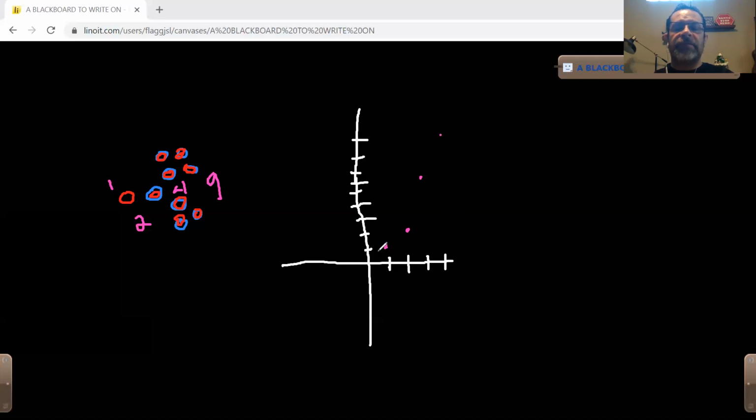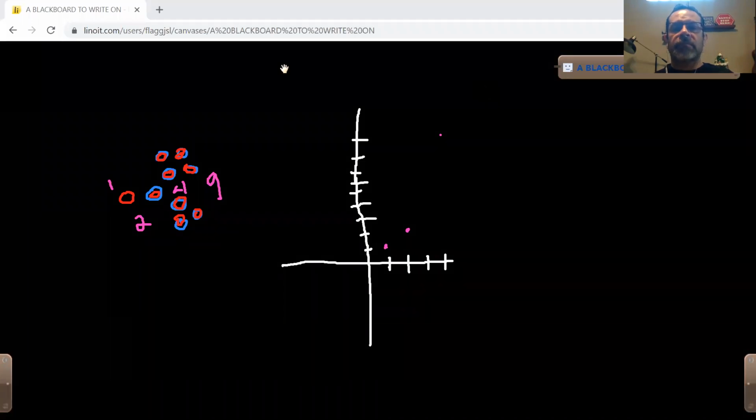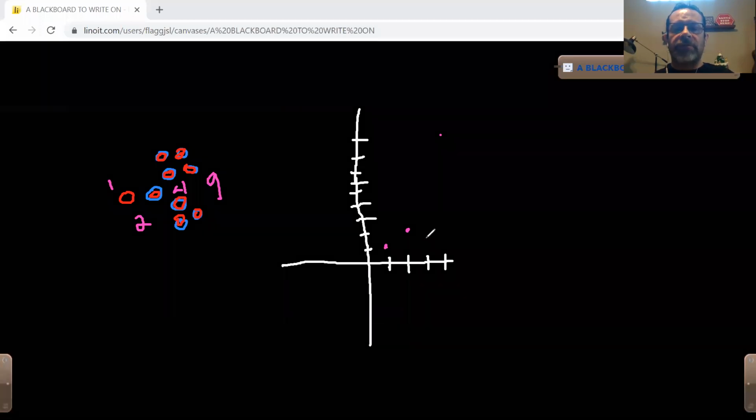This is kind of an ugly graph, but notice what's happening here. Let me try to mark that a little bit more. So this is just kind of a rough drawing here.